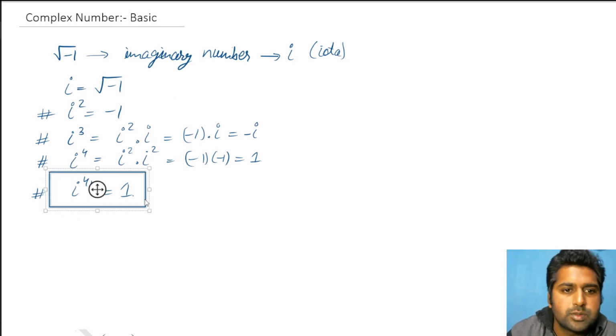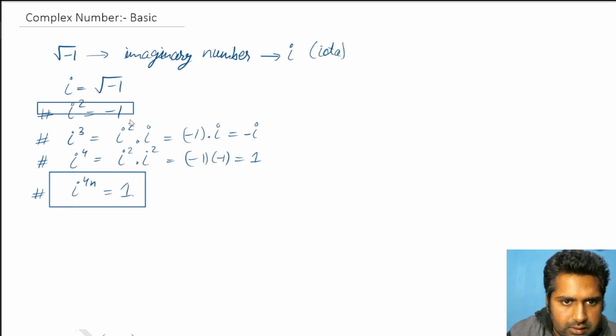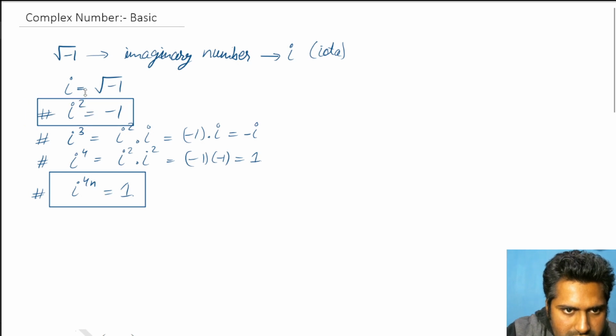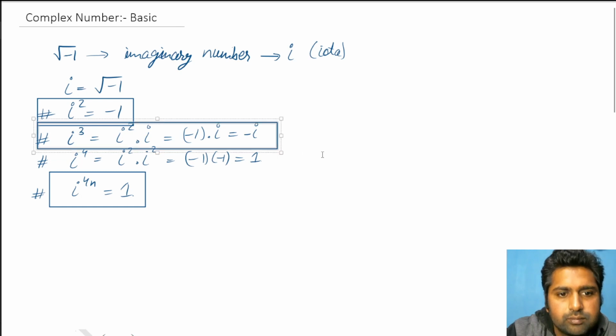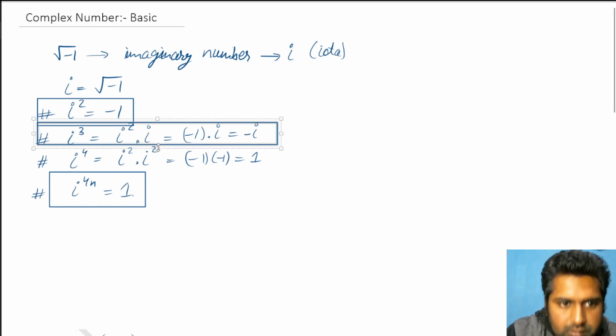And remaining, you should know that i square is minus 1, and i cube is minus iota. And i raised to power 4 is 1.